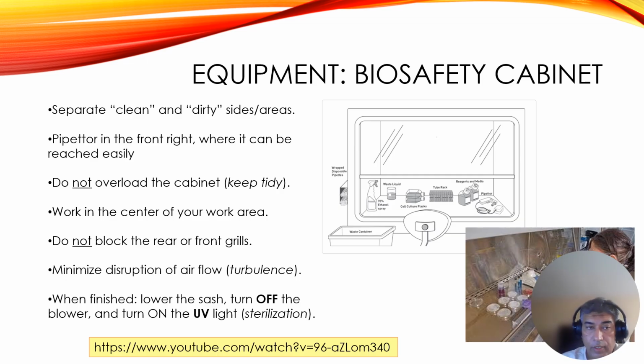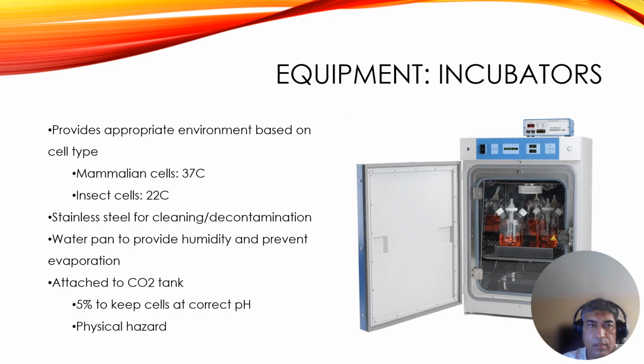Do not block the rear or front grills, as that will obstruct airflow. Minimize disruption of airflow and turbulence. When finished, lower the sash, turn off the blower, and turn on the UV light for at least 15 minutes for sterilization purposes. You can watch a YouTube video on the function of the biosafety cabinet.